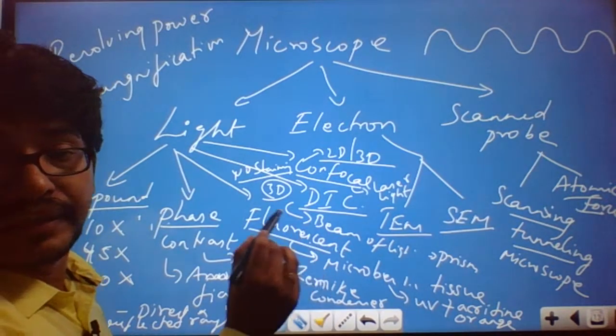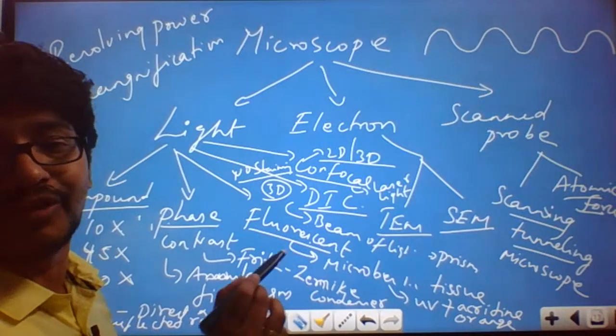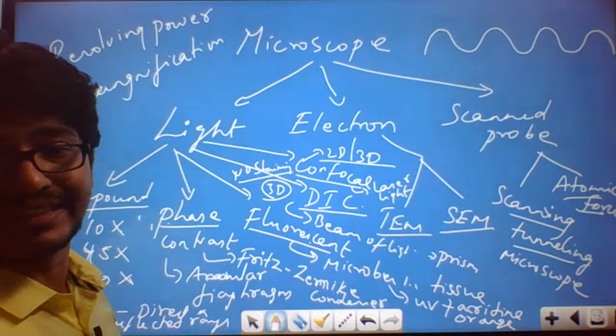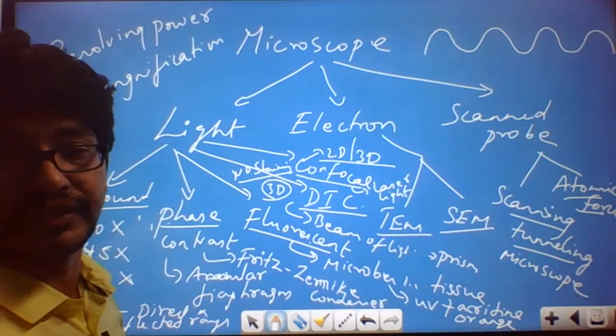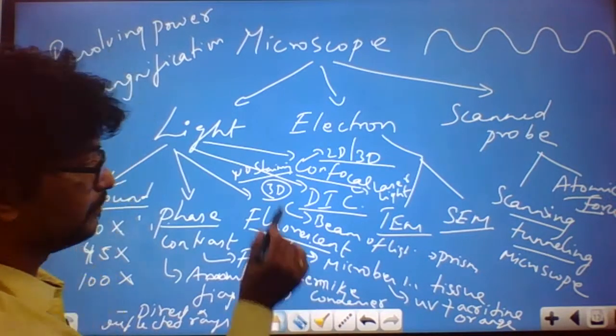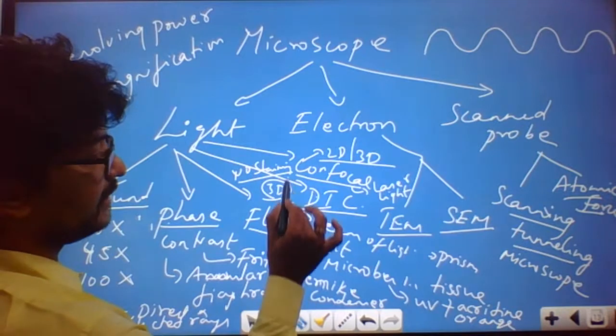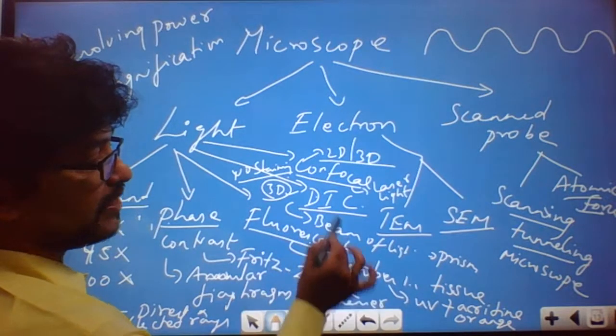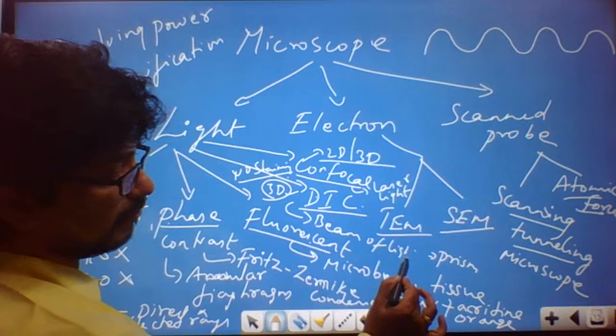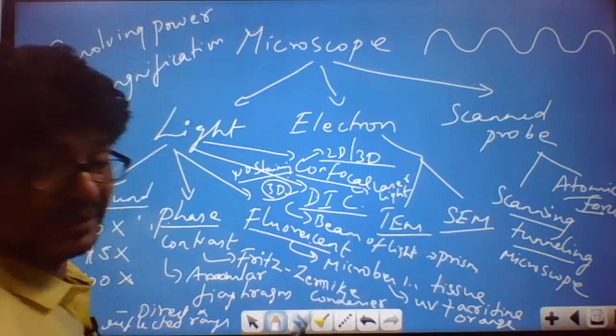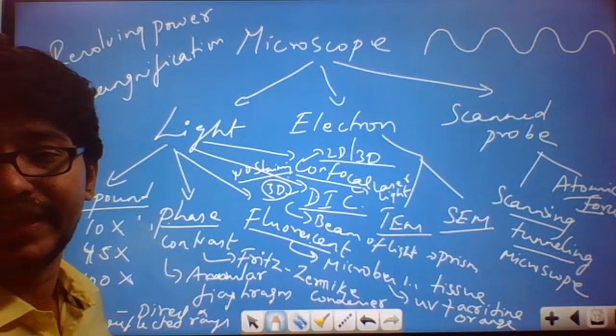It's not depression, it's differential interference contrast. So no staining is required for DIC. You can see 3D images. The principle behind DIC is that you pass the beam of light through the prism, so that you get the images.